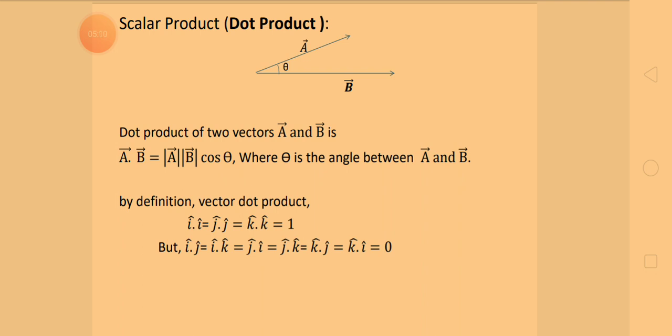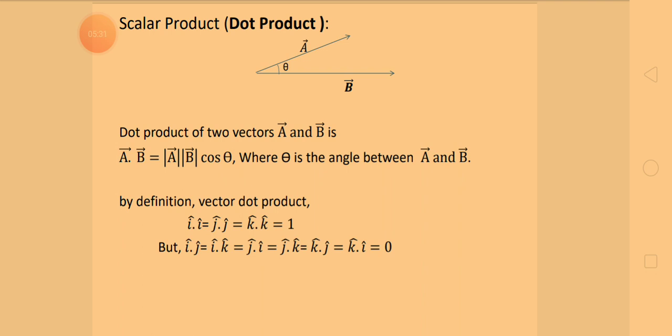So the equation is vector A dot vector B equals magnitude of A, magnitude of B, into cos theta. This is the expression for the scalar product of two vectors.